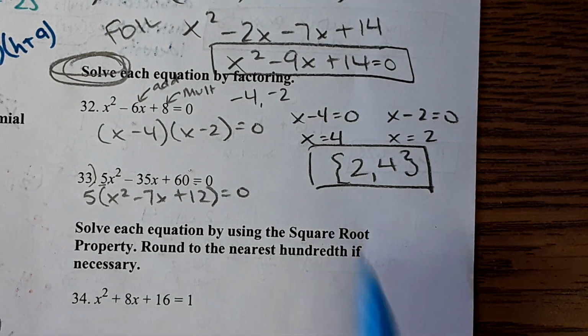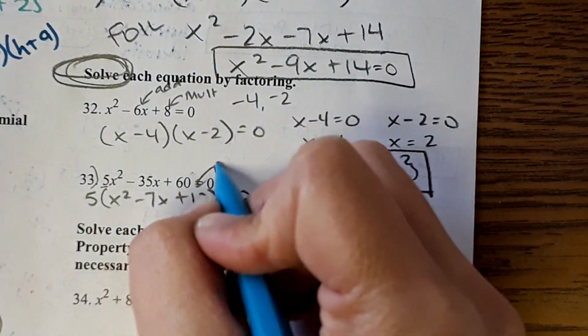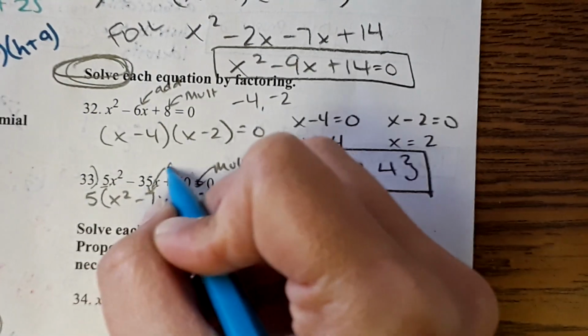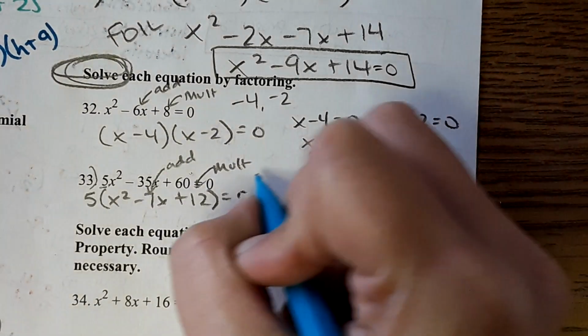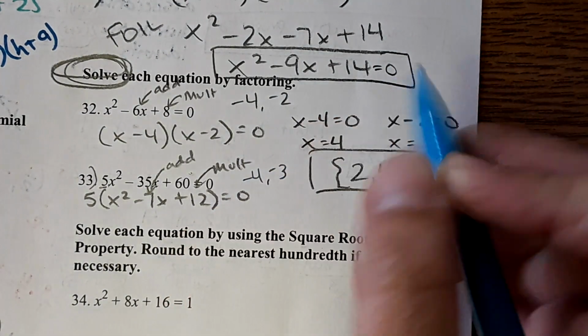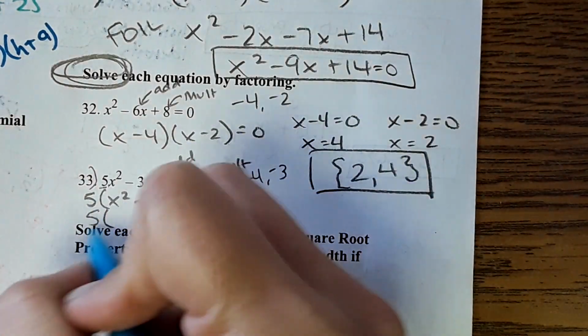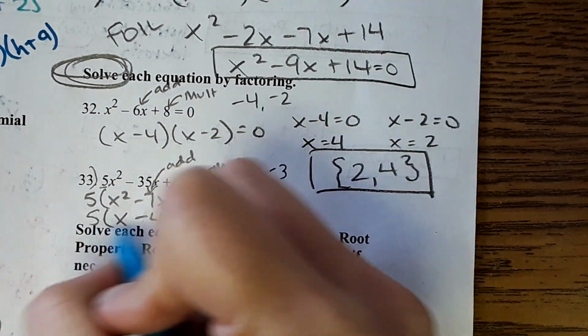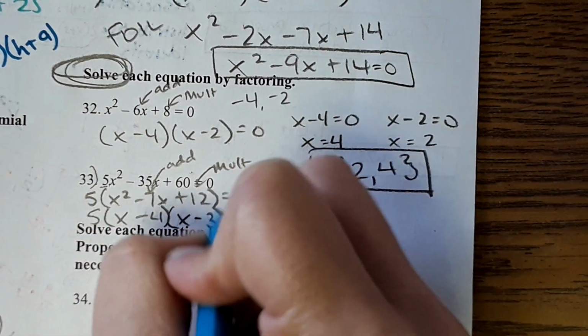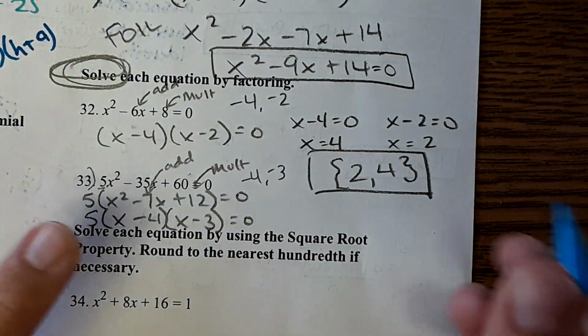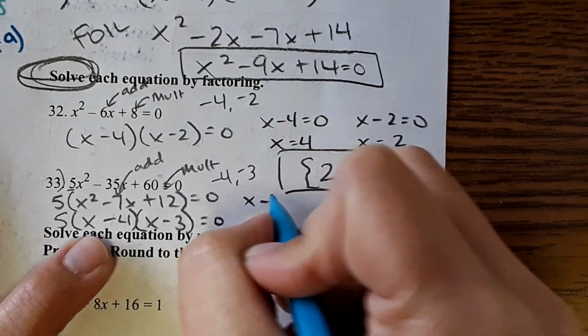And then just factor this, two numbers that multiply to this, add to 7, -7 would be -4 and -3. So 5 times x minus 4, x minus 3 equals 0. And set each of these equal to 0.